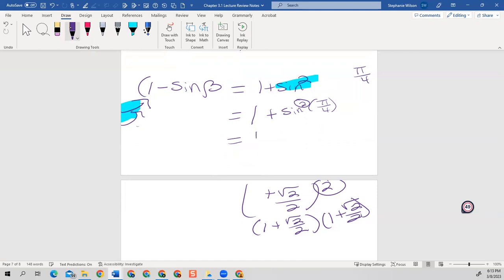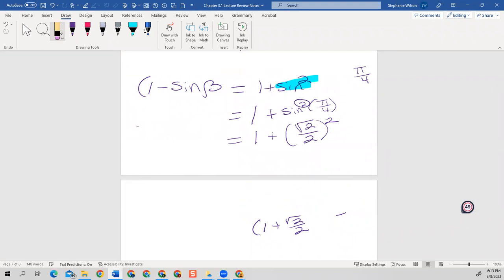So I got 1 plus square root 2 halves squared. I had one of these in my notes and I was wanting to dig a little deeper in it.